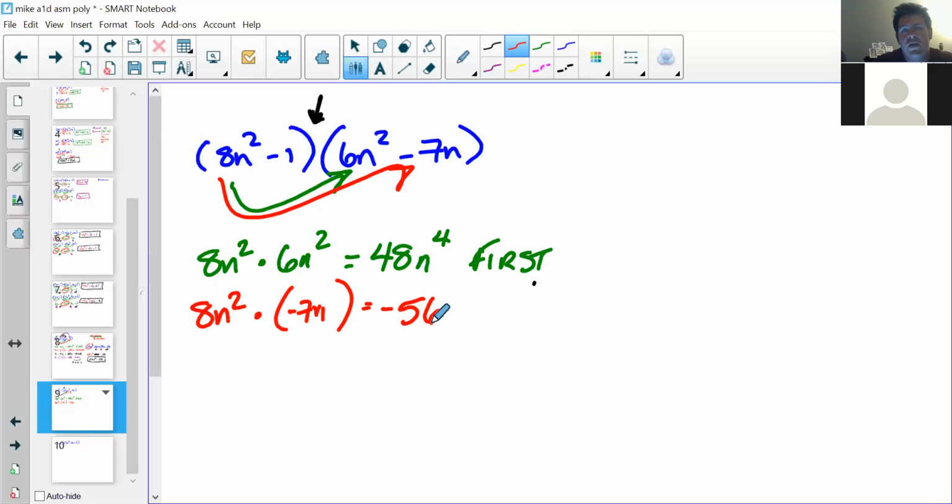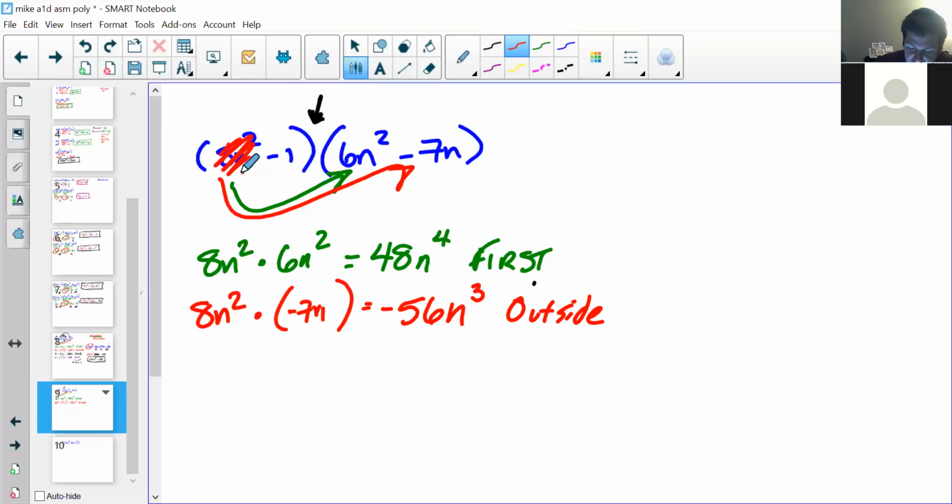So that would be exponent 2 plus exponent 1 for a total of an exponent of 3. And again, if you like our FOIL concept here, that would be the two outside terms in this total picture.